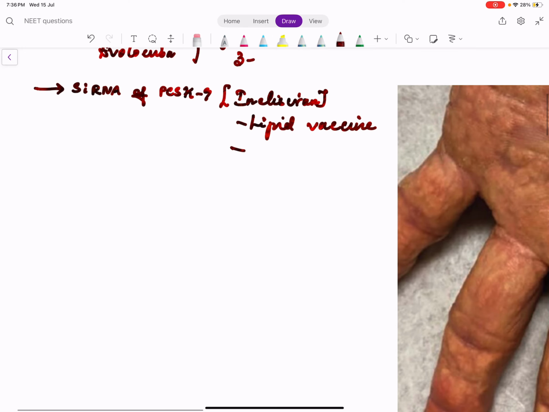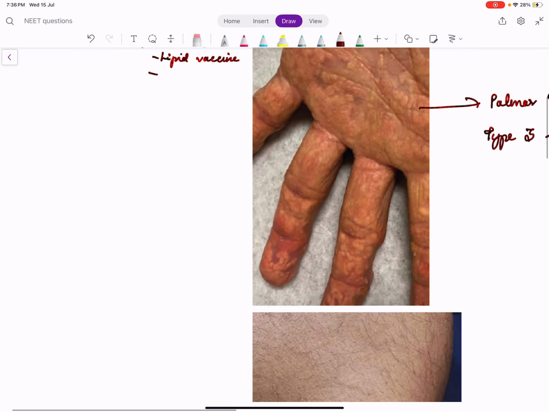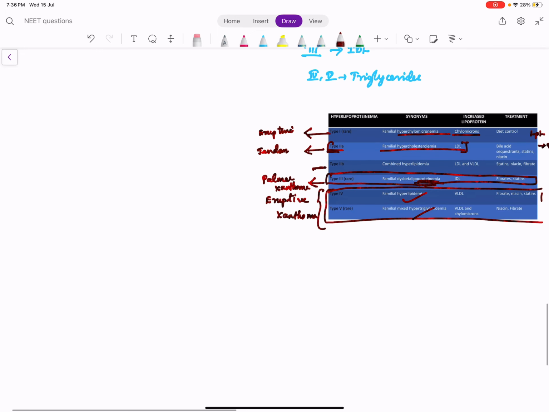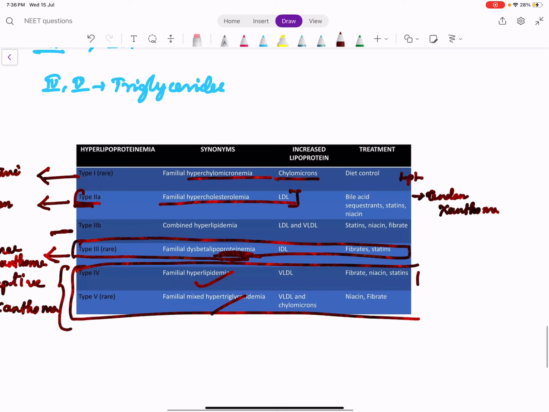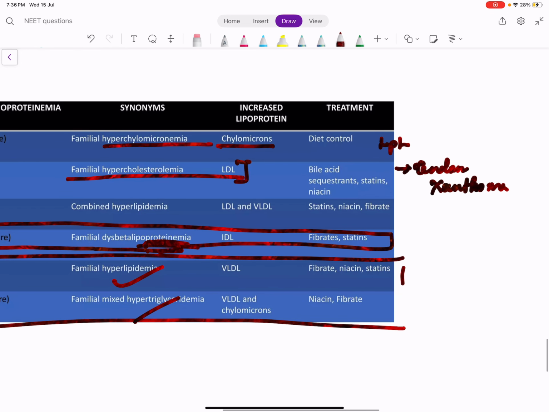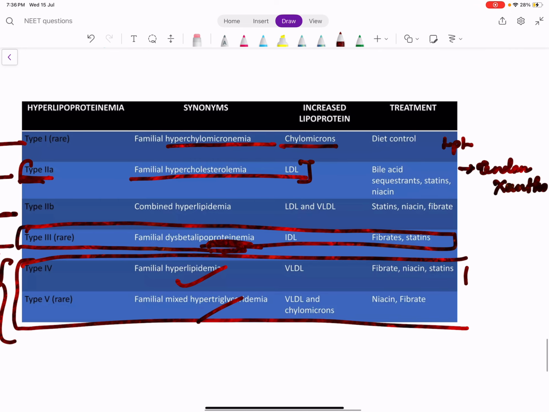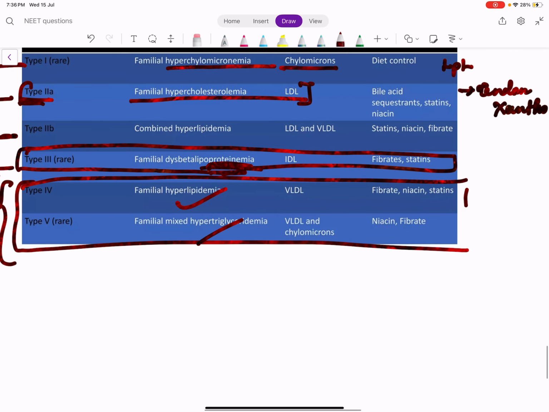They are very costly drugs but worthy for your exams. In this slide also I had presented to you, the type of drug given in dyslipidemia depends on the type of lipid which is elevated.